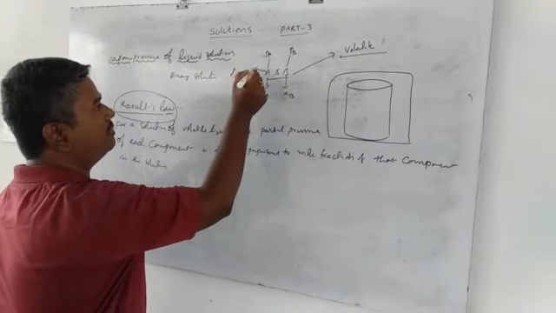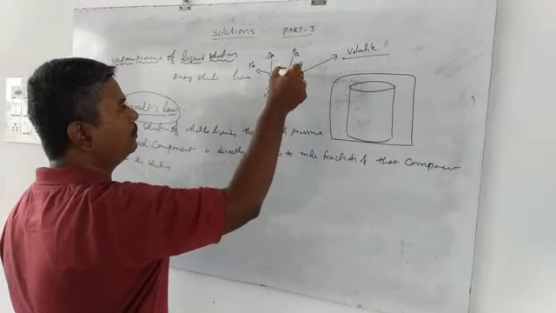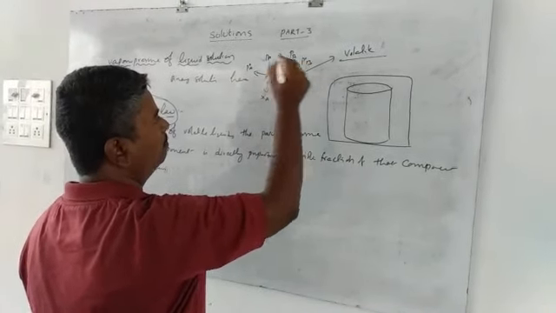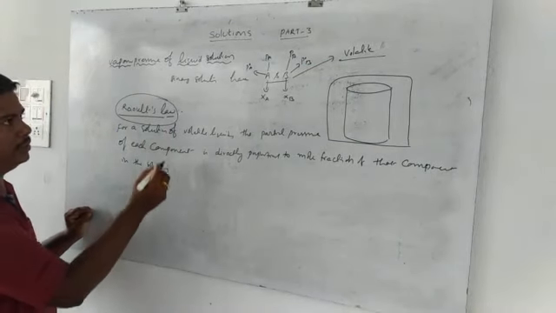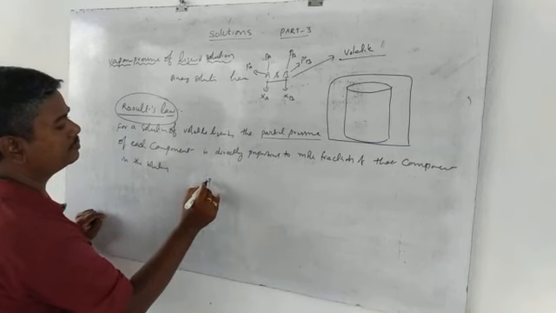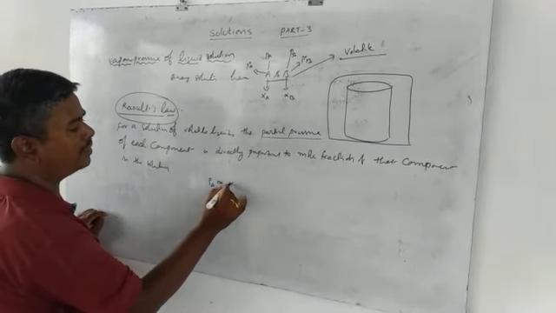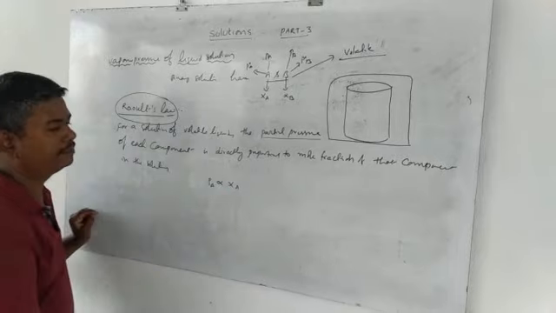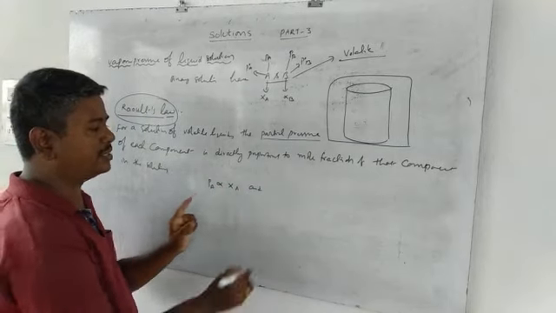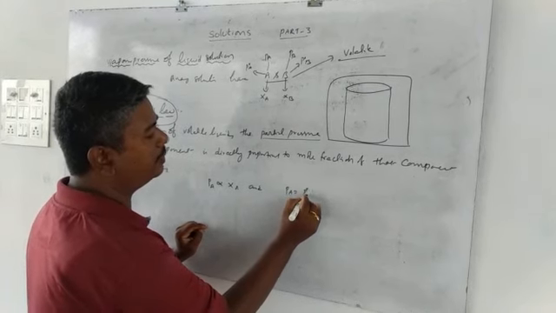The pure solvent vapor pressure is P naught A, and the pure substance vapor pressure is P naught B. According to Raoult's law, the partial pressure PA is directly proportional to the mole fraction XA, and removing the proportionality constant, PA equals P naught A into XA.